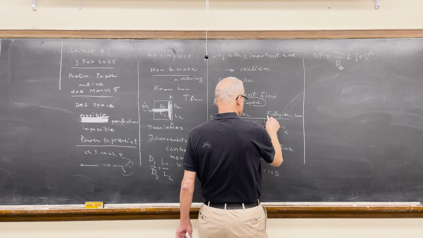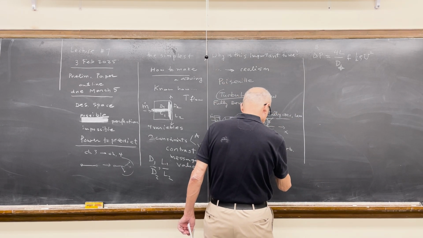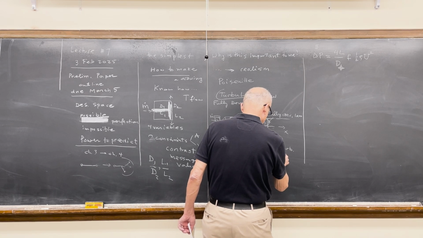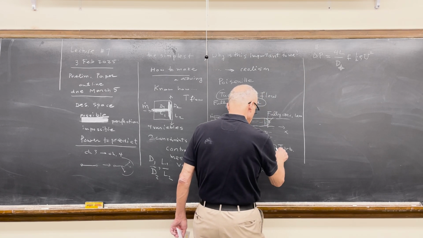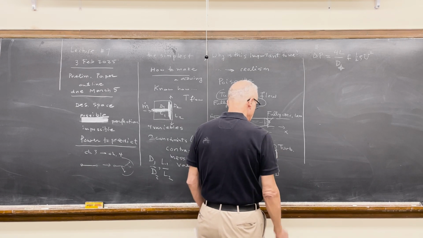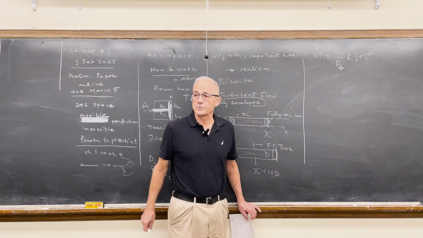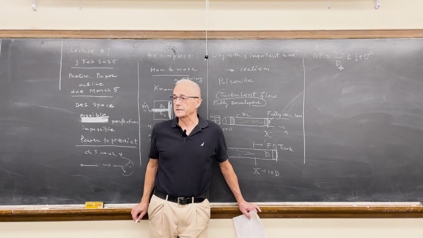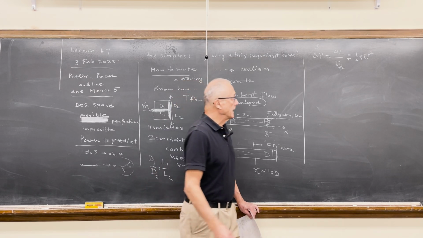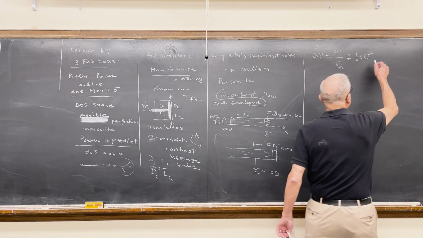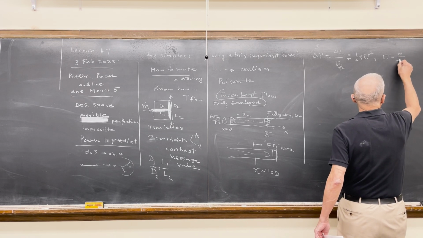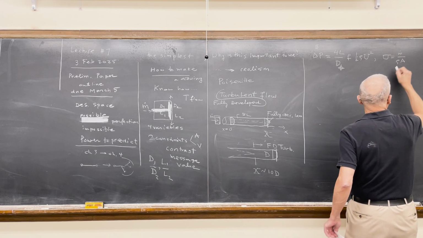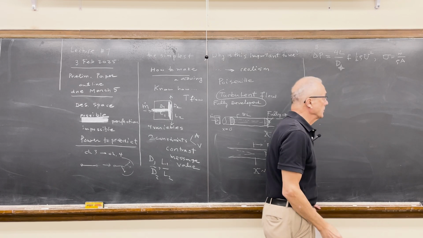The mean velocity, here it is, or in turbulent flow, the profile is relatively flat, so the mean velocity is not much smaller than the centerline velocity.